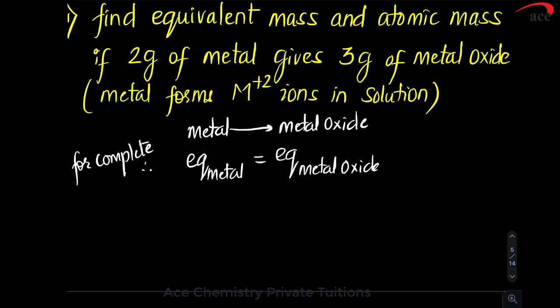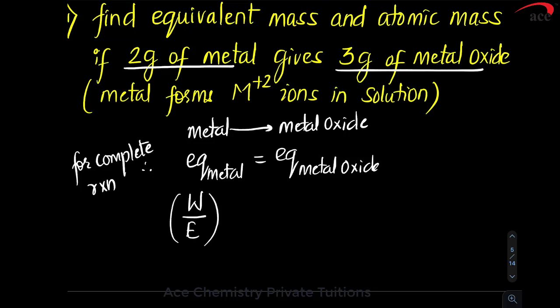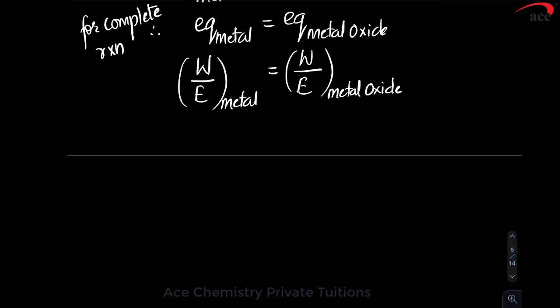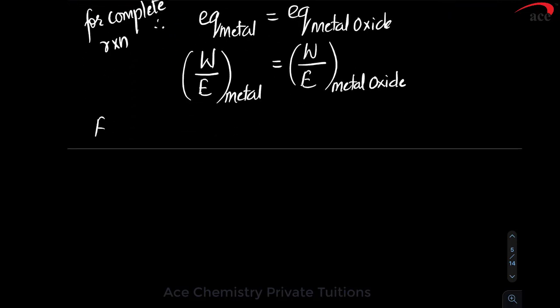Because for a complete reaction we can write this. If no information is given, we always consider them to be a complete reaction. Now because the data is given in mass, I can say mass upon equivalent mass of metal will be equal to mass upon equivalent mass of metal oxide. Like this we can write.